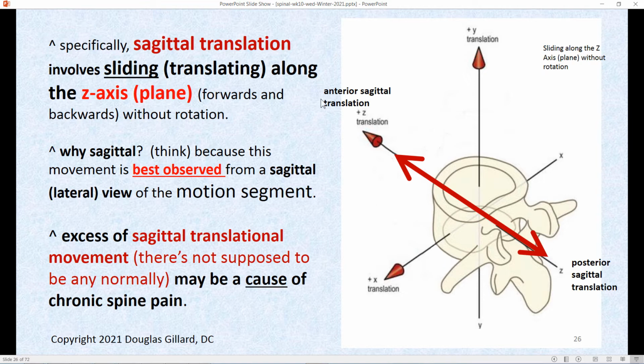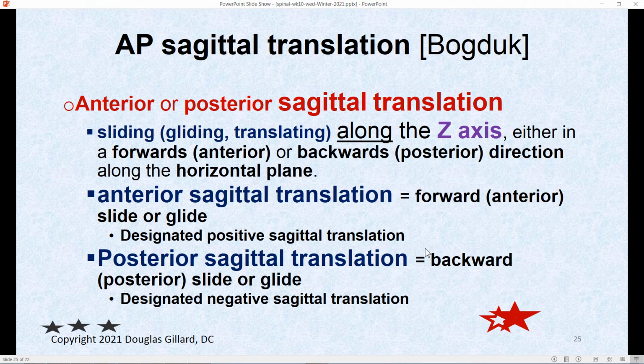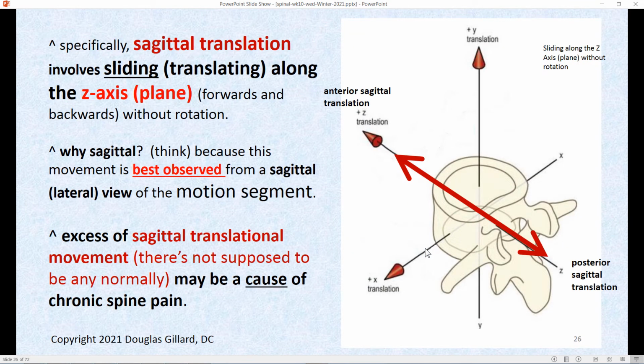From the sagittal plane, you can see slip, forward, back, and you can also see rotation, because there will also be sagittal rotation, which is bending forward and bending backwards. That's always confusing, and you're just going to have to figure that one out. So why sagittal? Because it's best observed in a sagittal or lateral view. That's how I remember it.